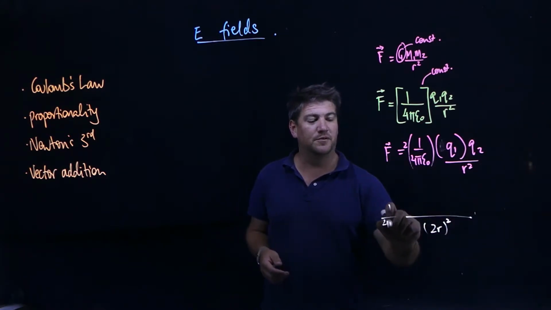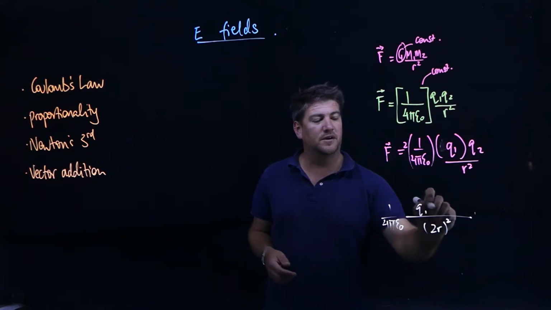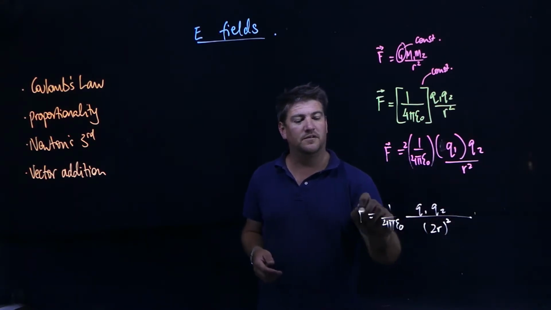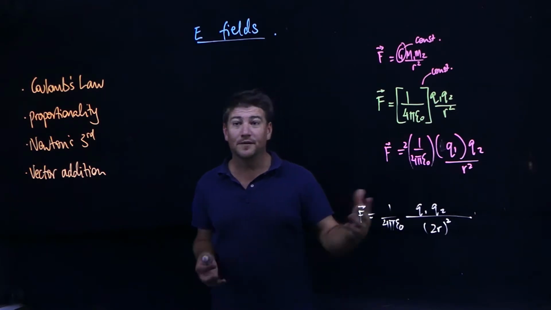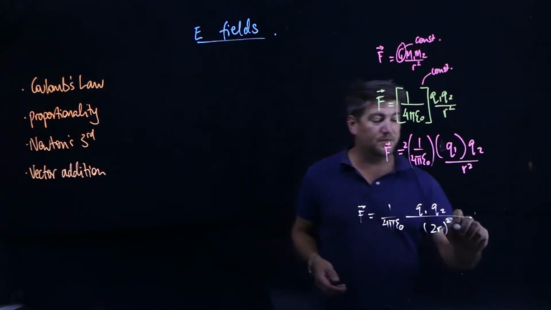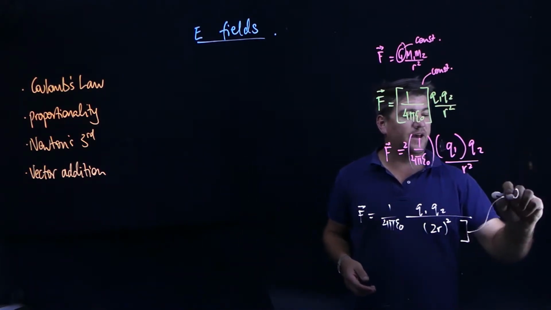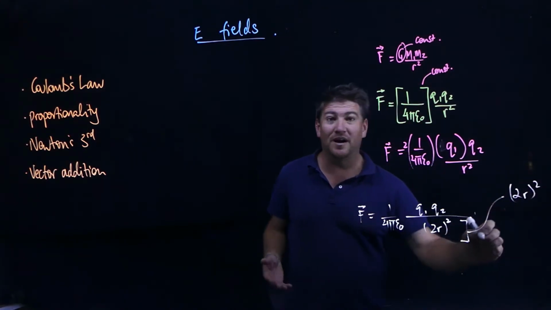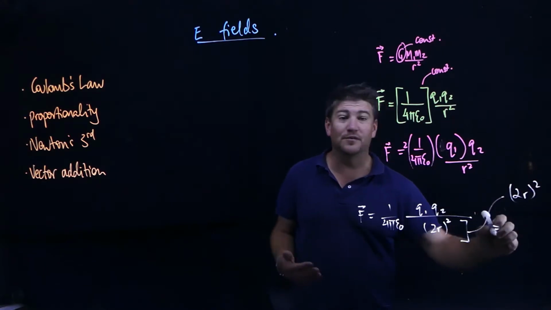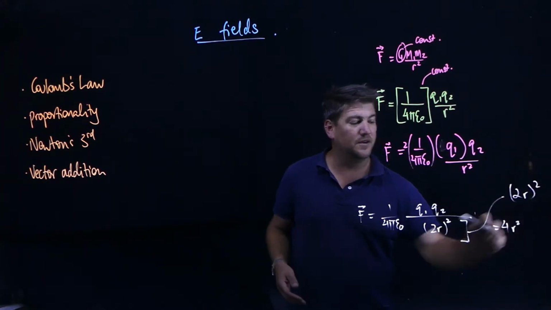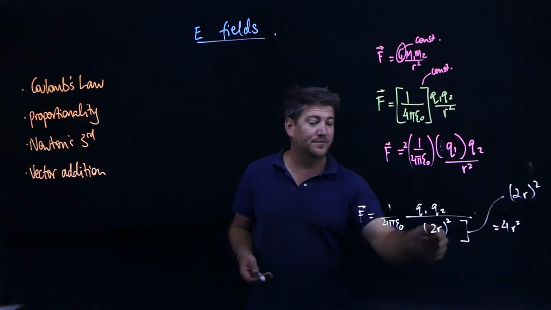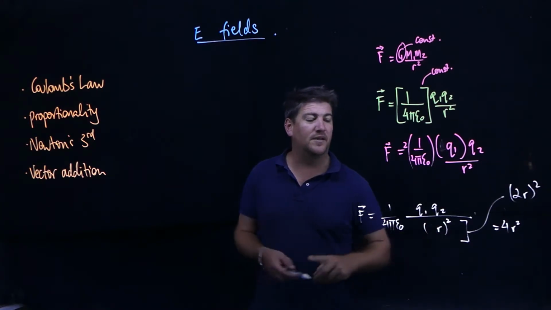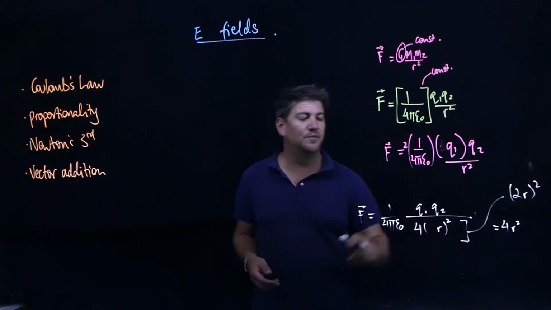So 1 on 4 pi epsilon naught, Q1, Q2 is our force. So if we were to expand out this thing down the bottom, so I'm just going to take a little snapshot of that, 2r squared, hopefully it's still in frame, 2r all squared is, you have to square the 2, 4 r squared. So now we've got this factor of, instead of that, we've got this.